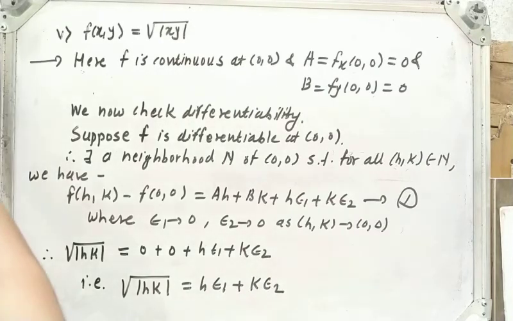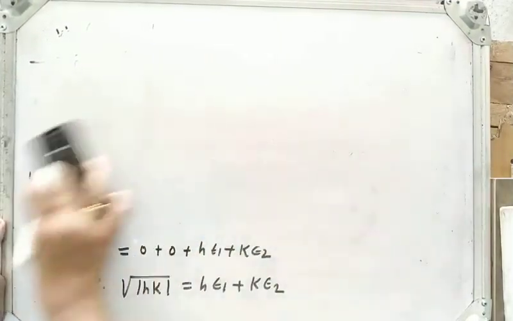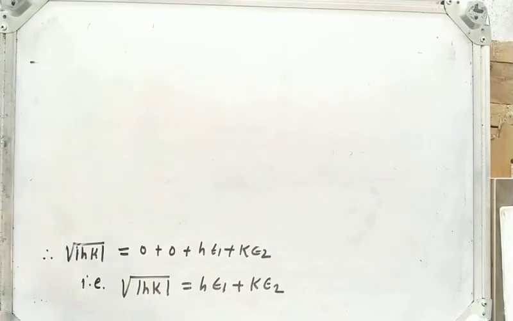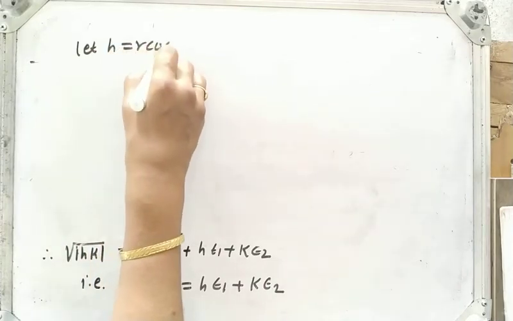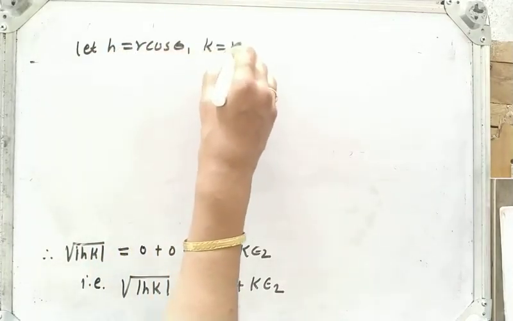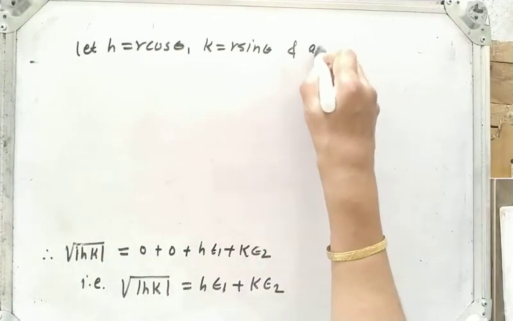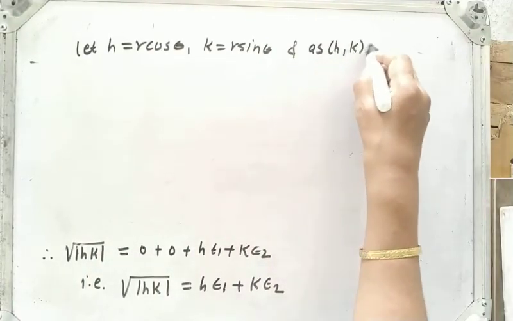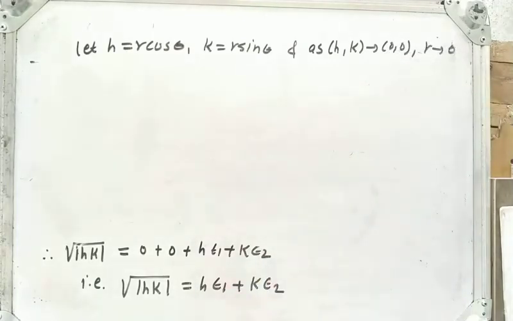Now let us solve it using polar coordinates. What do we do in polar coordinates? We substitute h by r cos theta and k by r sin theta. So let h equal r cos theta, k equal r sin theta, and as (h,k) tends to (0,0), r tends to 0.